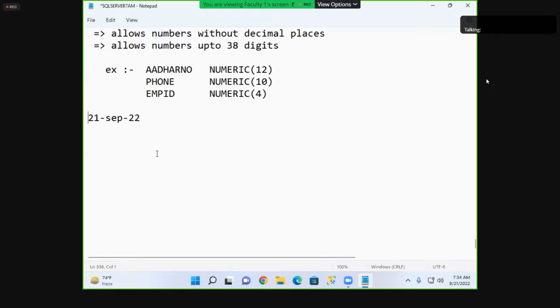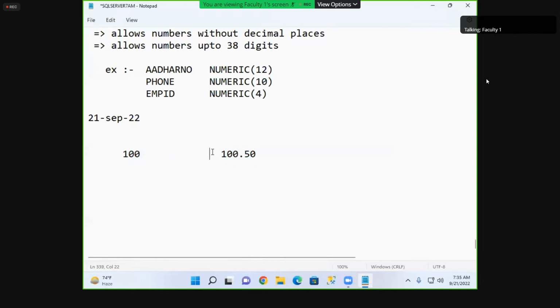And sometimes numbers are like this, 100, and sometimes like this, 100.50. What are these types of numbers called? These numbers are called integers.